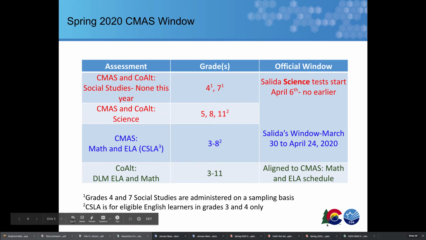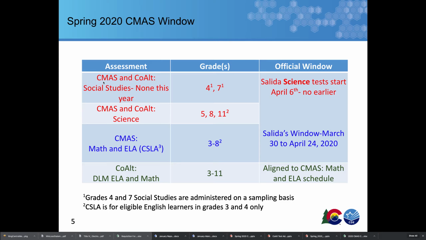So first of all, when are we testing? The official testing window begins April 6th. However, we applied for and got our early window, which can start as early as March 30th.